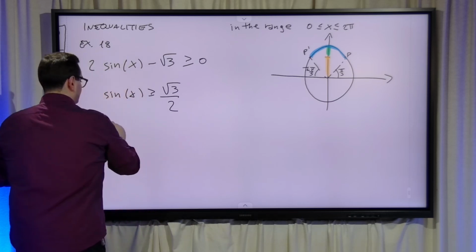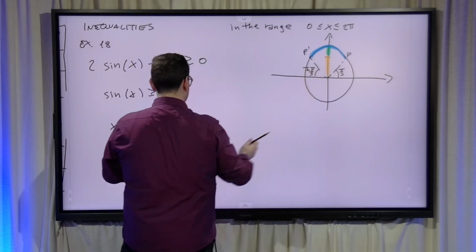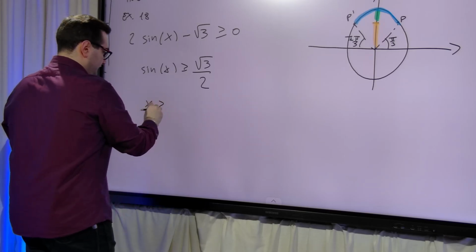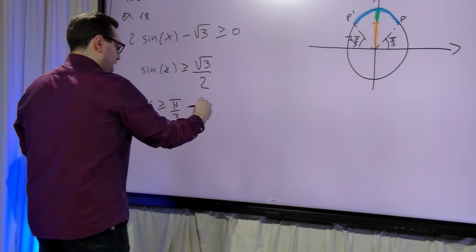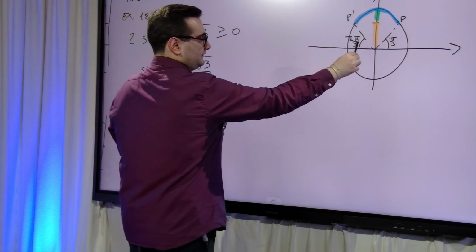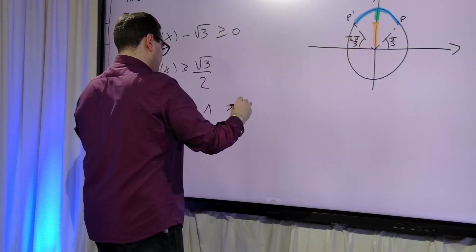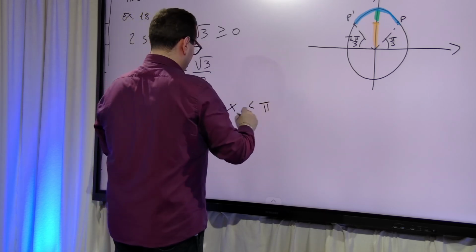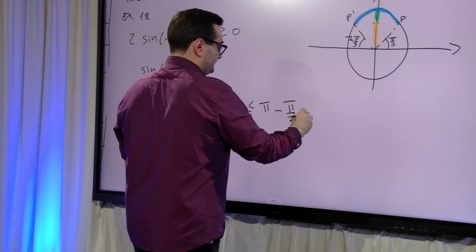So I'm saying x must be greater or equal to pi over 3, and x must be less or equal to pi minus pi over 3.